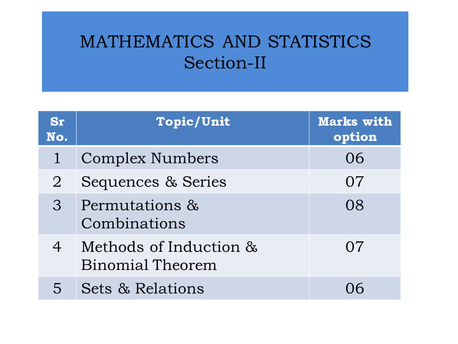We have to construct sets from given conditions and solve problems on applications of set theory. For relations, we have to identify the types of relations and study equivalence relations.